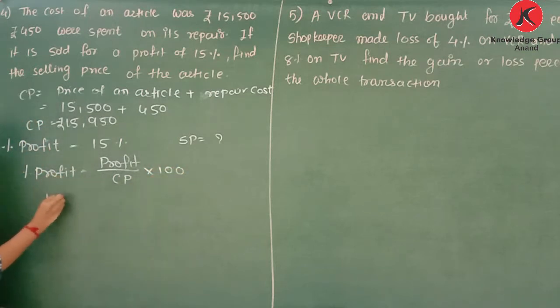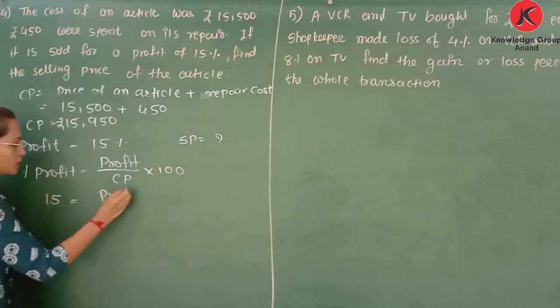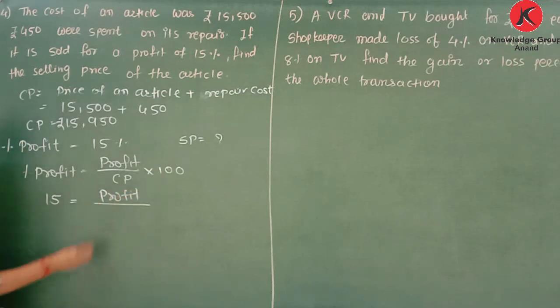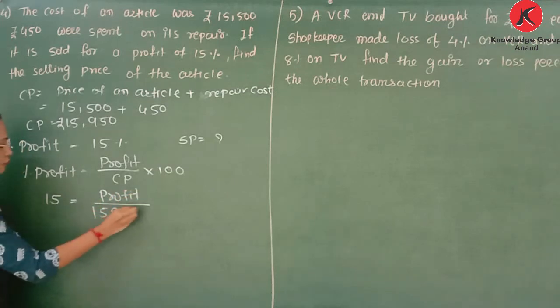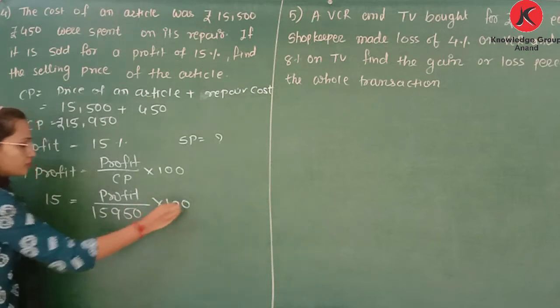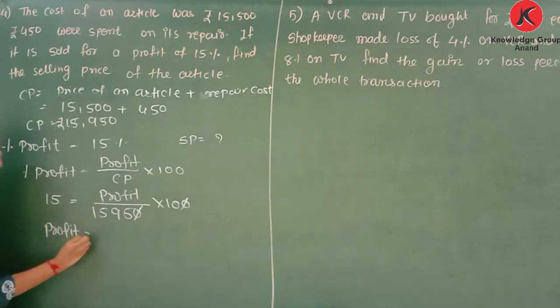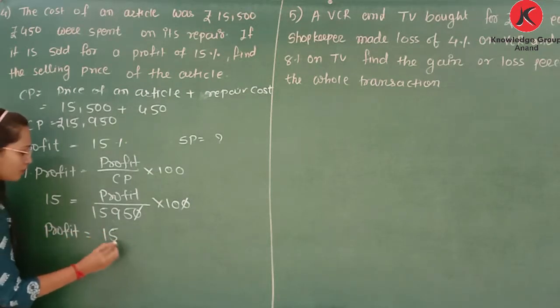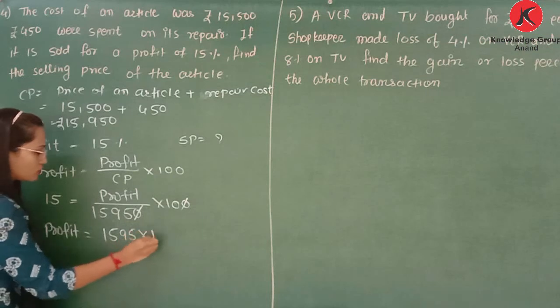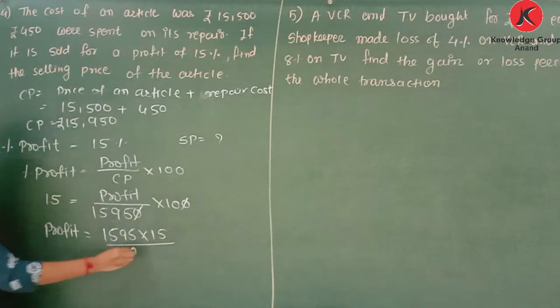Profit percentage is 15. Profit in rupees we need to find, divided by 15,950 multiplied by 100. Multiply this, 0 0 cancel, so profit in rupees we can get by multiplying 1,595 with 15 divided by 10.